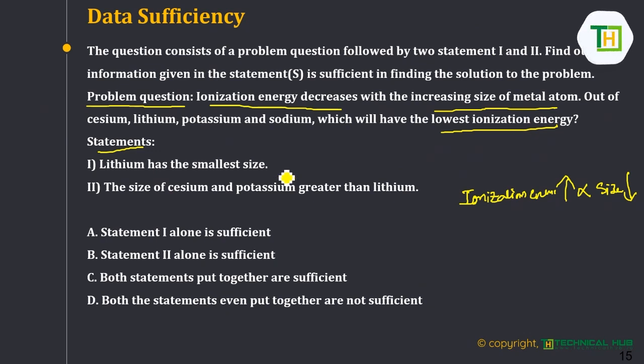So four atoms are given: cesium, lithium, potassium and sodium. Lithium has the smallest size, but you can't find the biggest size among the given atoms. Using the first statement, only one condition is given: lithium has the smallest size.